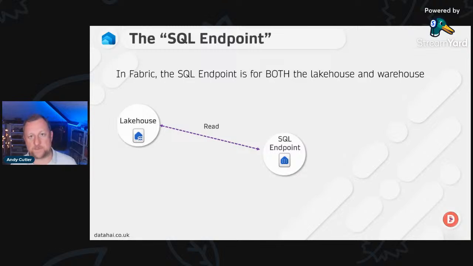Bring your Python expertise, your Spark expertise, create a lakehouse, load your data in, and you can use T-SQL to read that data. A little bit like using serverless SQL pools in Synapse over a data lake. You can't modify data using that SQL endpoint, but you query it using T-SQL. You can create views, you can create stored procedures and functions. You just can't modify the data in the lakehouse.